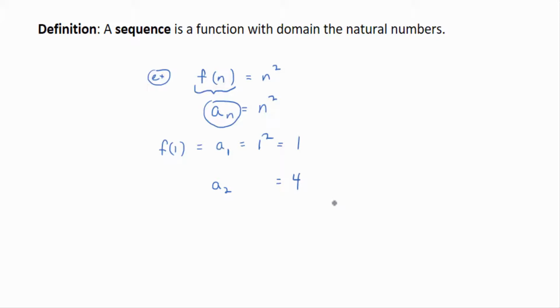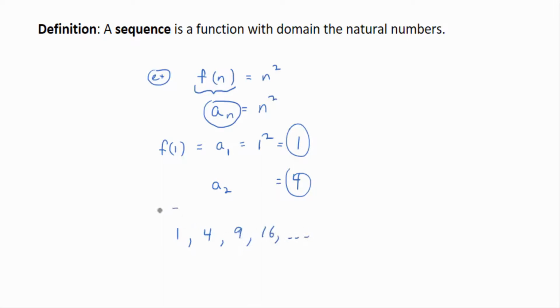And you can actually list the outputs in order if you put the inputs, the natural numbers, in order. And so the first output is 1, the second output is 4. So 1, 4, what's the next output? 9, the next one? 16, okay, and then on and on and on.